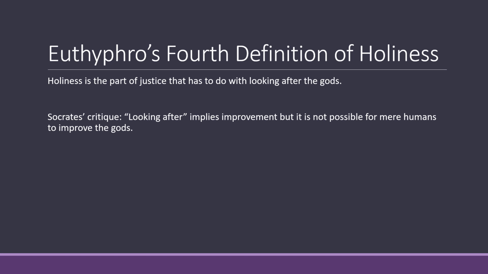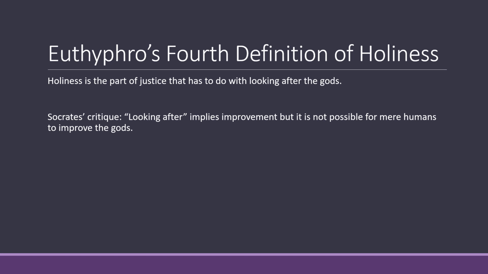And so Socrates has to kind of step in and make a suggestion, which then Euthyphro accepts, because clearly he's out of ideas. And Socrates then says, well, maybe, Euthyphro, maybe what you're trying to say is that, as he puts it, maybe holiness is a species of justice. This sounds kind of cryptic, but it's actually a very straightforward claim.